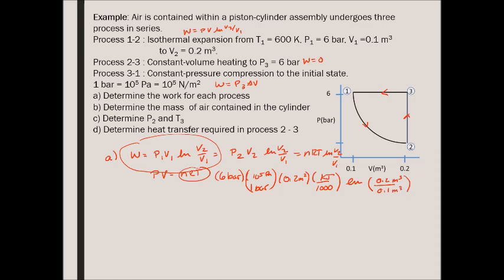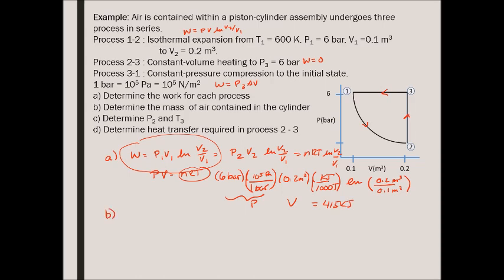We got 6 bar times 10 to the 5th pascals per bar times 0.2. So this is our P. This is our volume. Then here we're just doing a kilojoules to joule conversion times the natural log. And for that one, we get 41.5 kilojoules as the amount of work done.